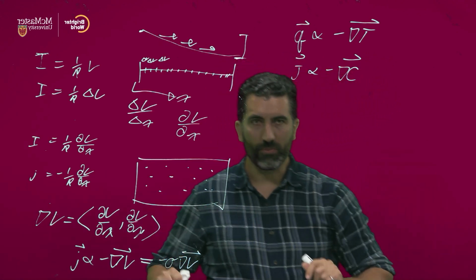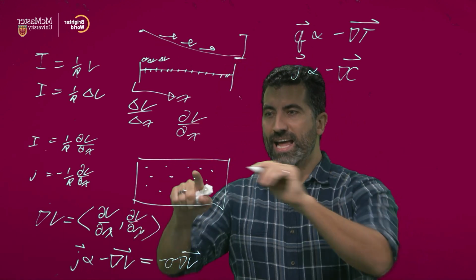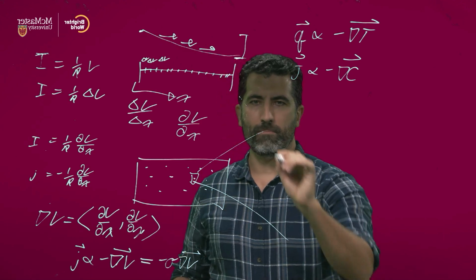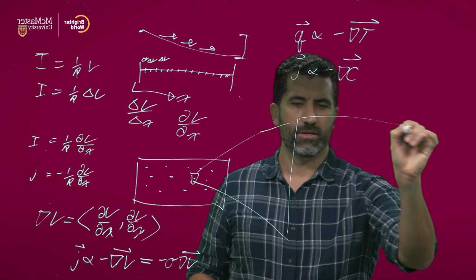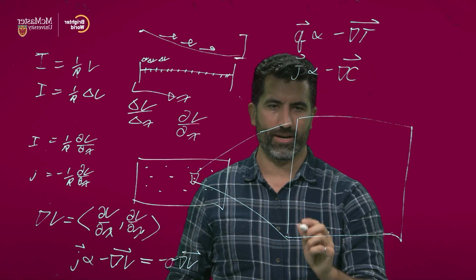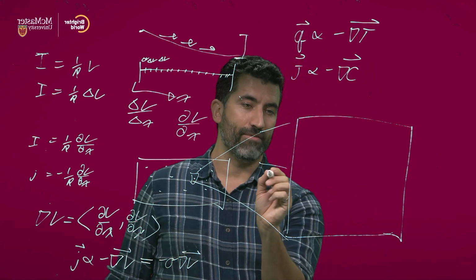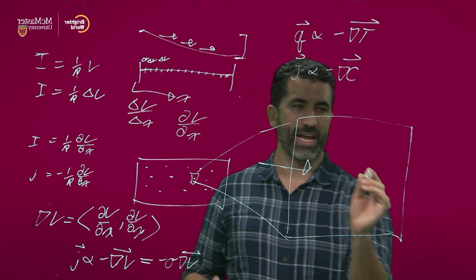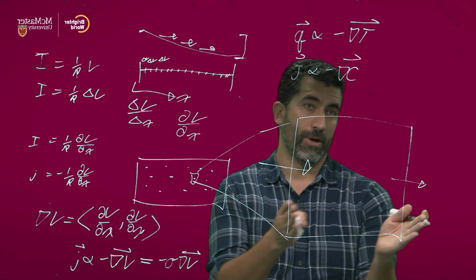Now, next part. At any given point, let's take a small section here and make it big. We'll embiggen it. This is a big blow up of this particular region in space over here. At any given point, we're going to have a flux in one direction of charge, or whatever we want, going in. We're going to have a smaller amount going out.